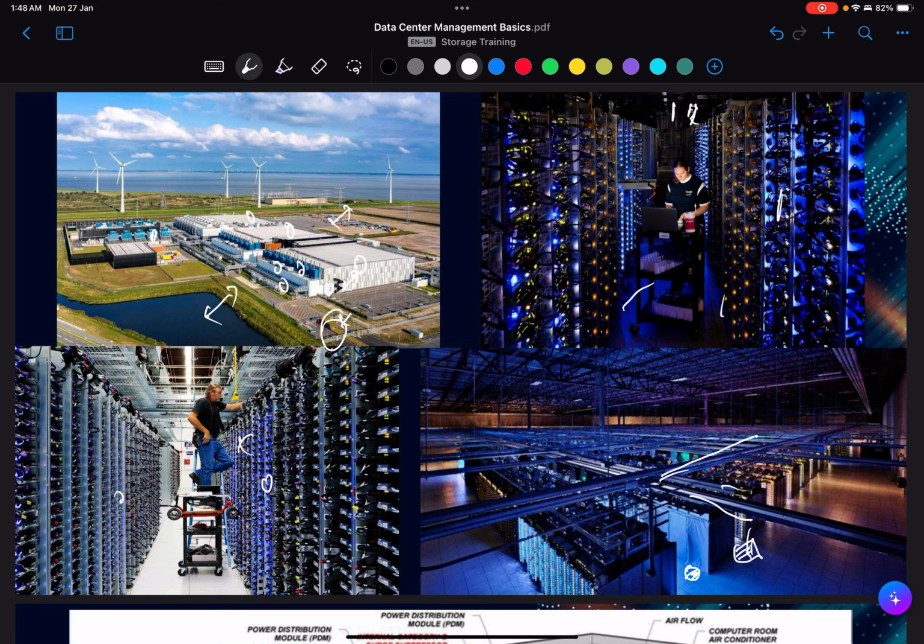Not every data center will look like this. You will have compact servers also, where in the front you have the server face, and in the background you have all the cables. But these are very high-end data centers.